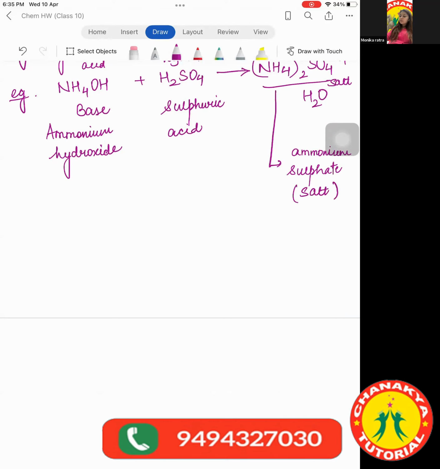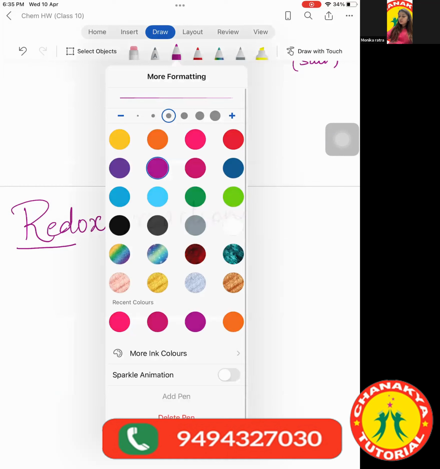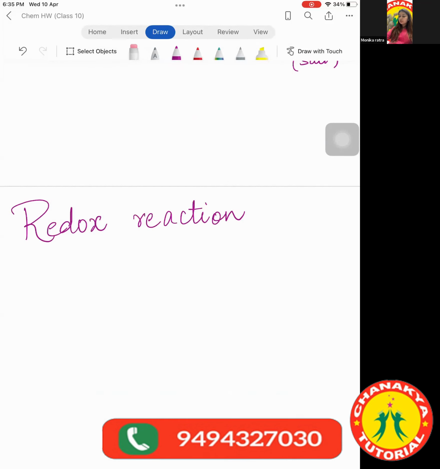So first I'll explain to you what redox reaction is, and then later we are going to study the terms which will be included in the definition of redox reaction. So you see there are two terms in this one particular term. Let us look at both. So what is redox reaction?